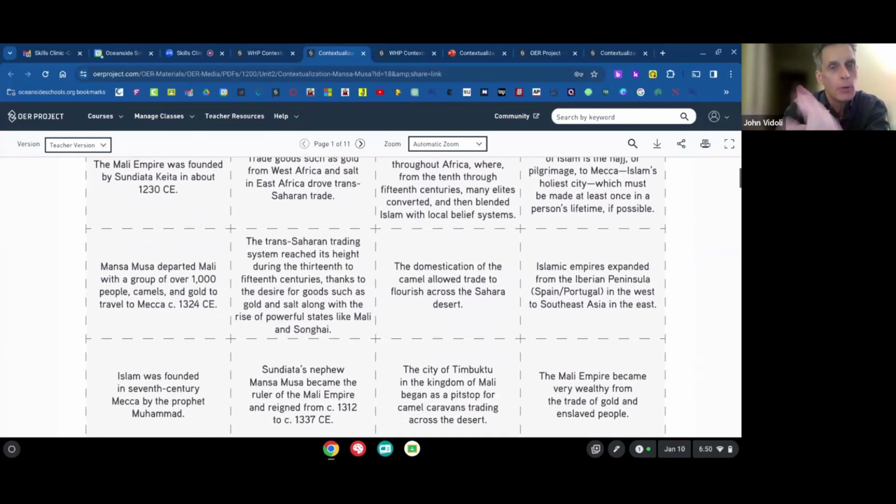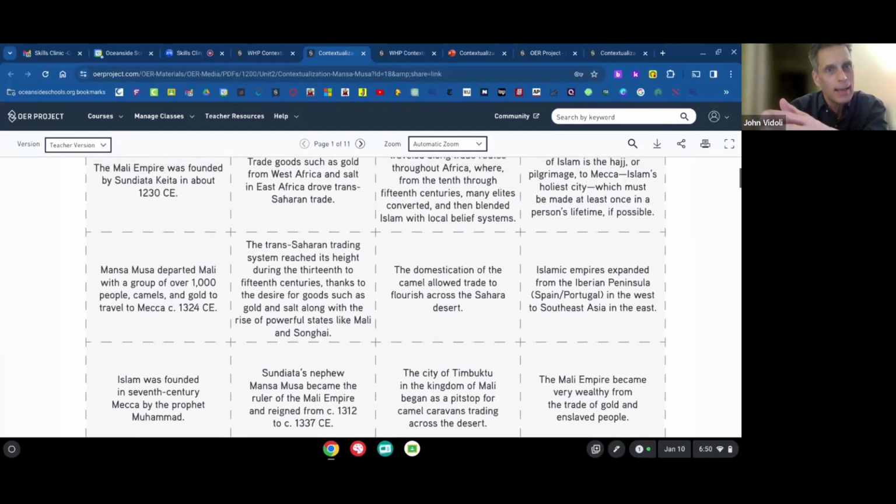I was wondering, could there be a little Alphonse story around contextualization, like, this is what we're talking about when we talk about contextualization? Does that make sense?